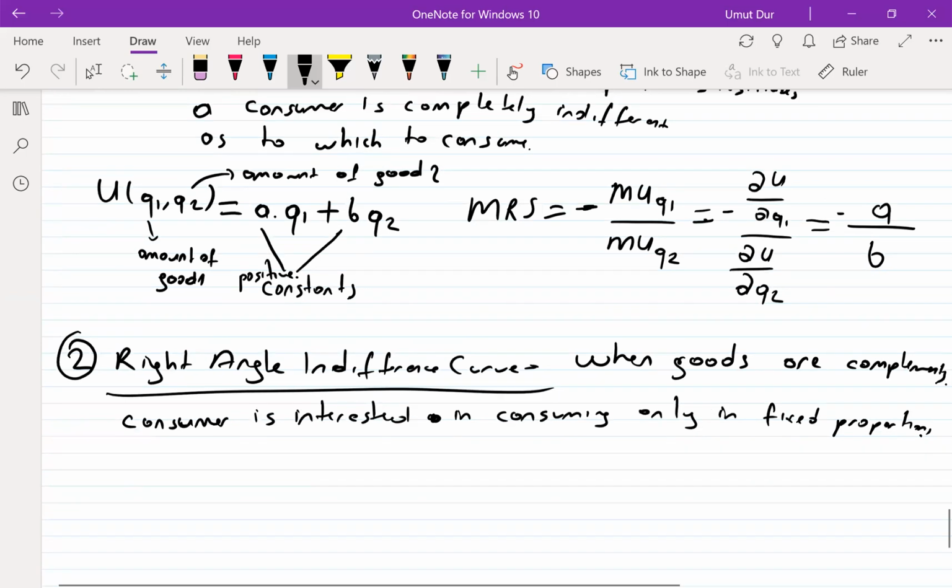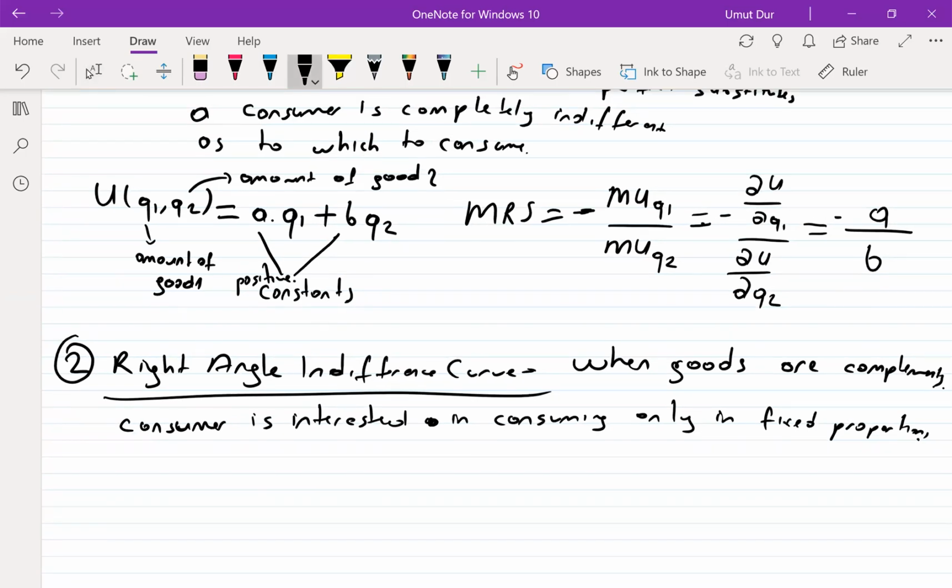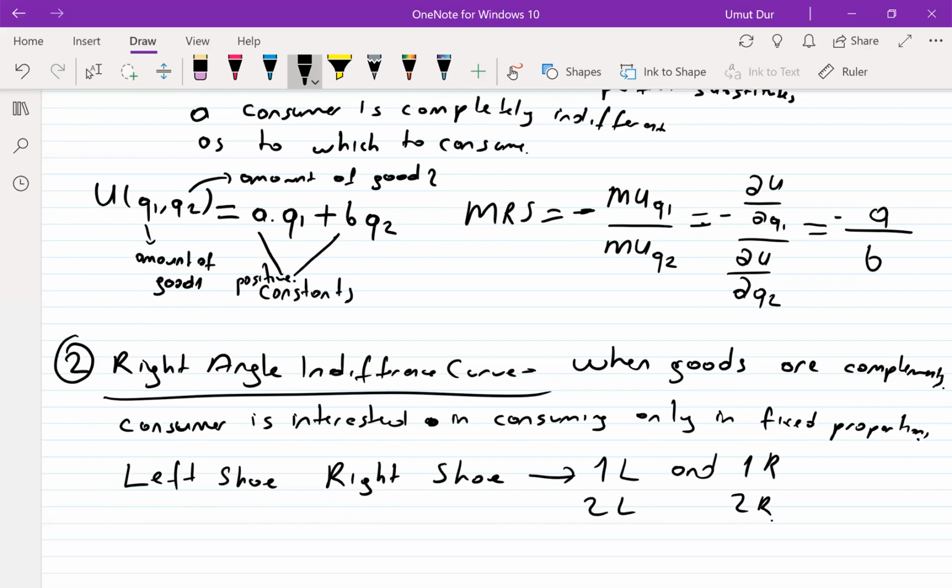For example, let's say left shoe and right shoe. You will always consume one left and one right together, or two left and two right. Your utility will increase if you increase the consumption of both goods together.